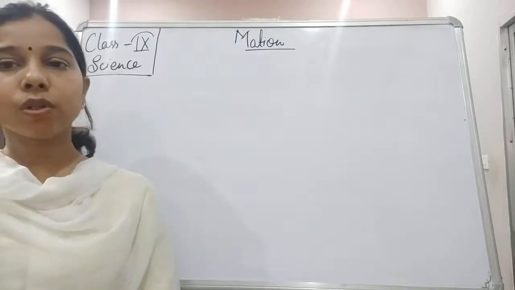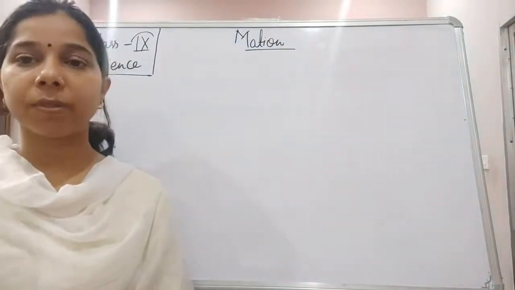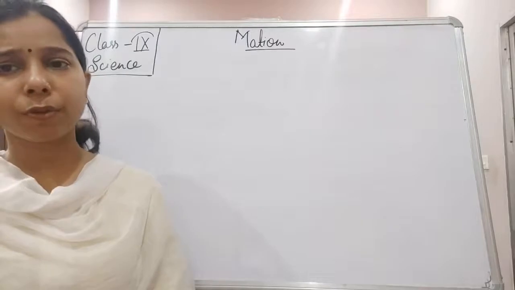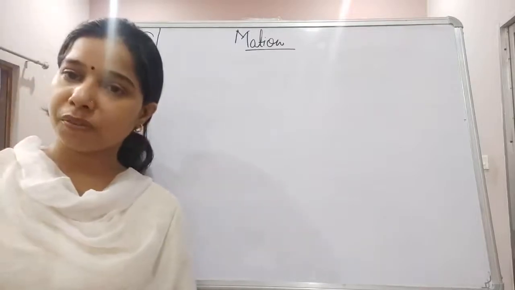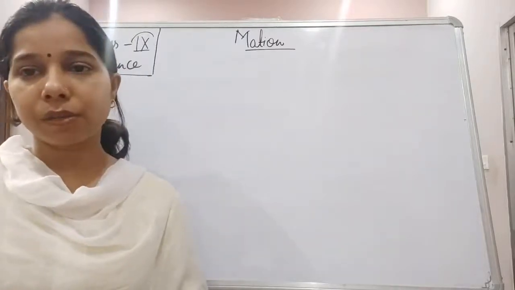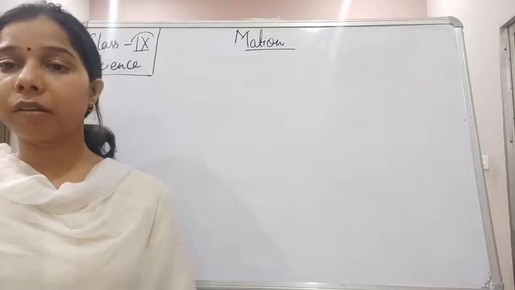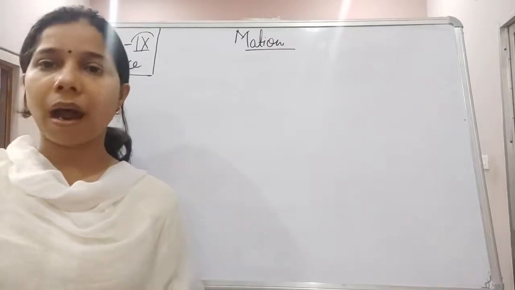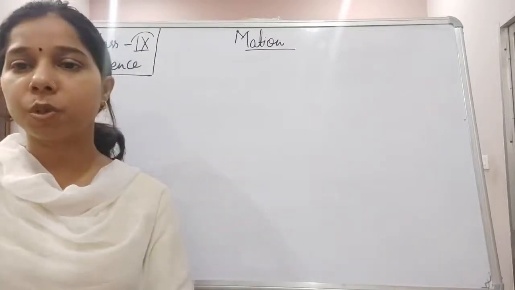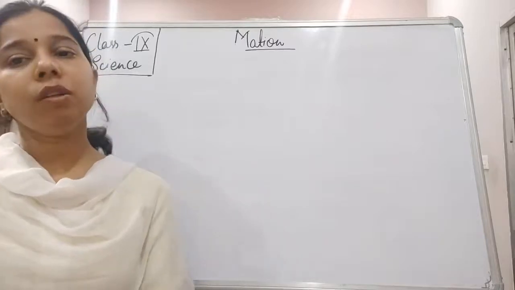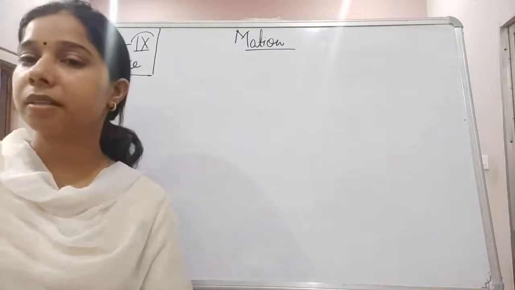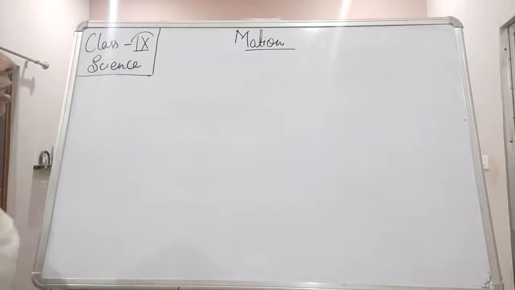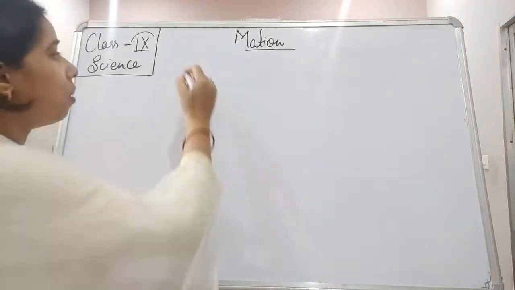Now what we will do, students, although the chapter has completed, we have to solve a lot of numericals related to different topics. We have discussed a few, but we haven't discussed the numericals related to graphs, the equations of motion, and also uniform circular motion. So let us start with the graph and try to understand some of the questions related to that.